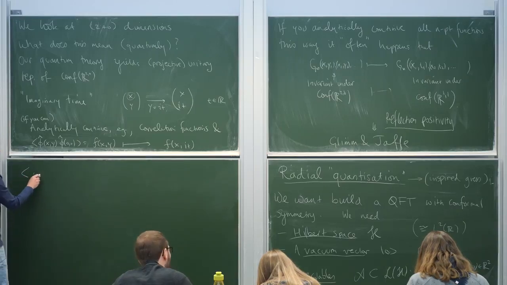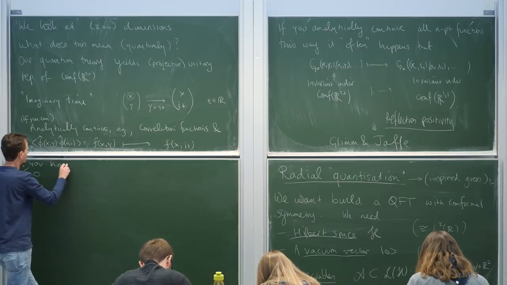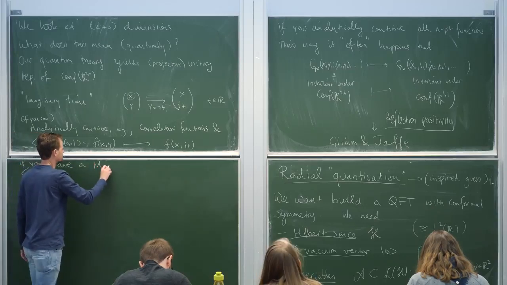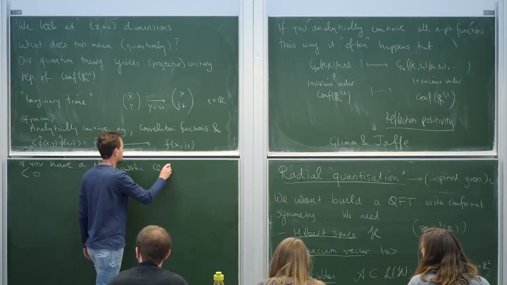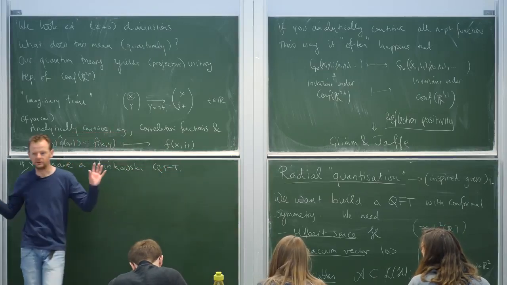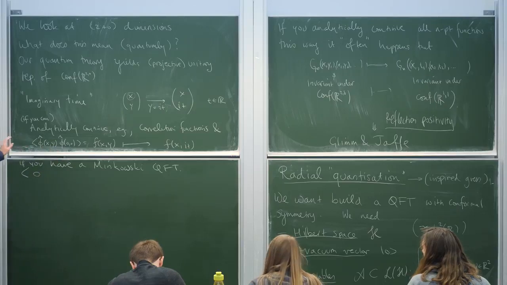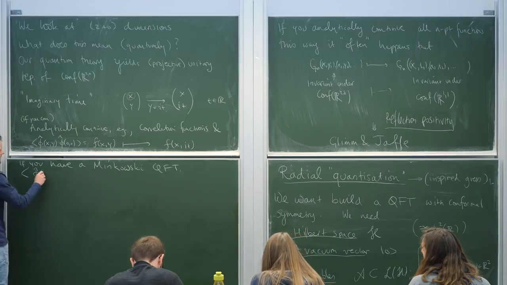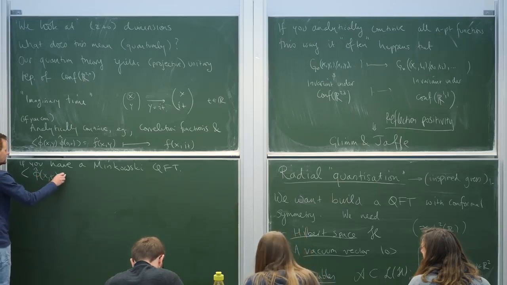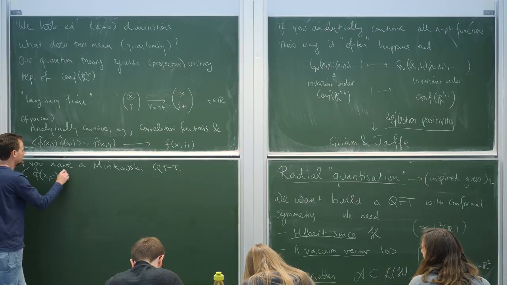So if you have a nice Minkowski space quantum field theory, one that you've worked hard to build by canonical quantization or whatever, then one of the basic observables you might want to look at is this two-point correlation function, for example.